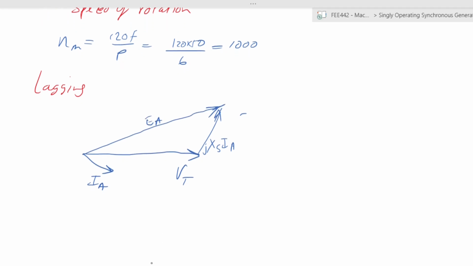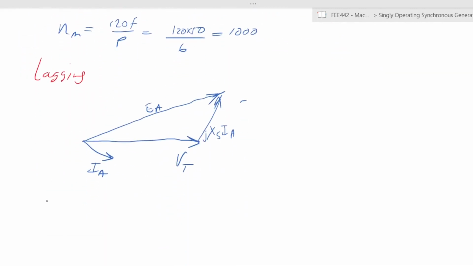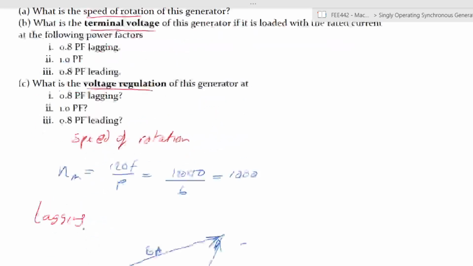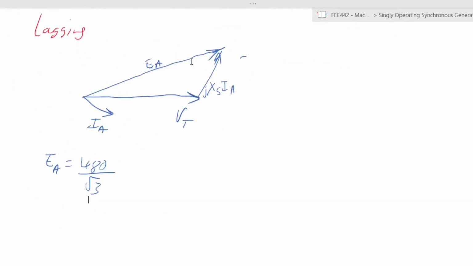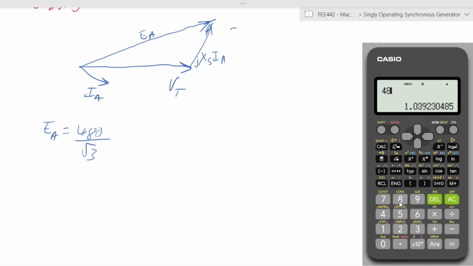Now, from the discussions that we had earlier, the value of EA will be 480 over root 3, which is the value that we have over here, right? Let's bring back the calculator. 480 divided by root 3. That gives us 277.13 volts, right?